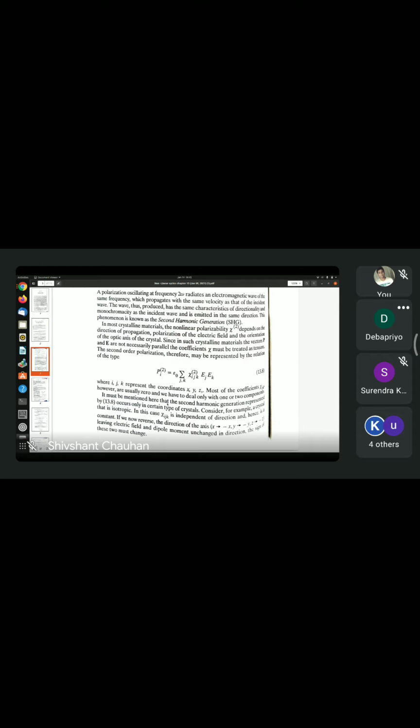Now let us consider a medium like a liquid or a gas. In a liquid or a gas, there is no anisotropy. A liquid and a gas have the same properties whichever direction you look within it. This means chi ijk does not depend on the direction.